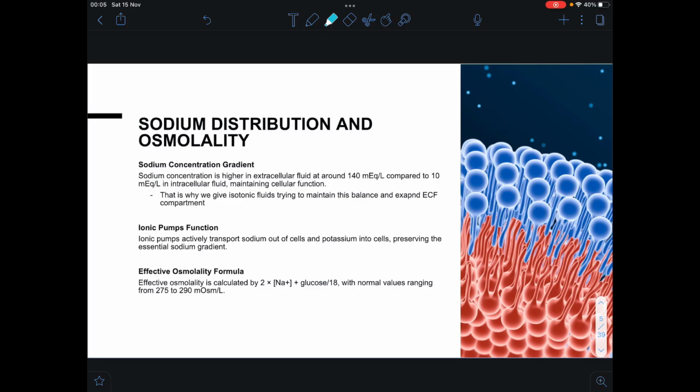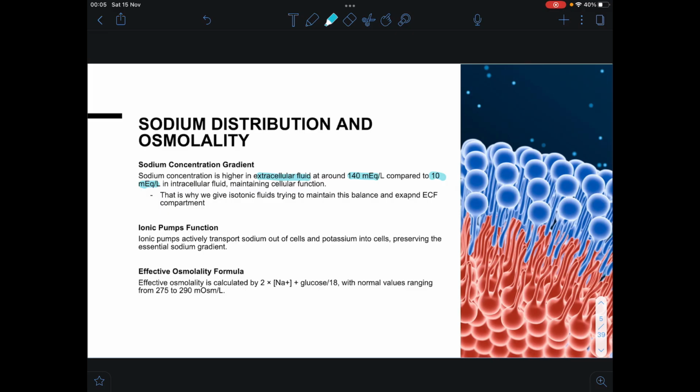Now, the sodium concentration in the extracellular fluid is about 140 milliequivalents per liter, while in the intracellular compartment it is 10 milliequivalents per liter. You can see that outside the cell it's way more than inside the cell.